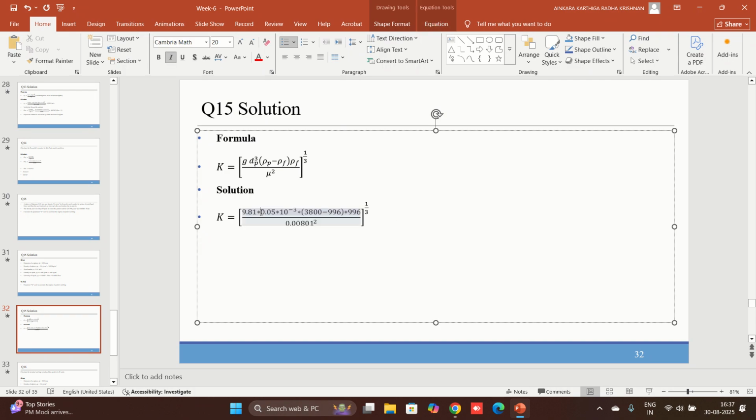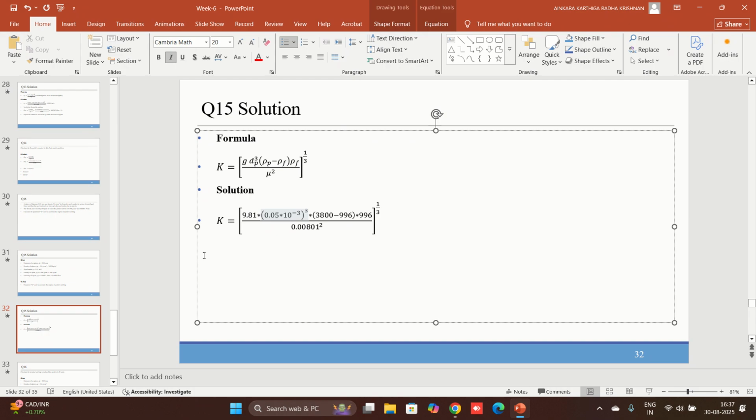Here dp is actually to the power of 3. 0.05 into 10 power minus 3, cubed, into 9.81 into 3800 minus 996 into 996, divided by 0.00801 square.